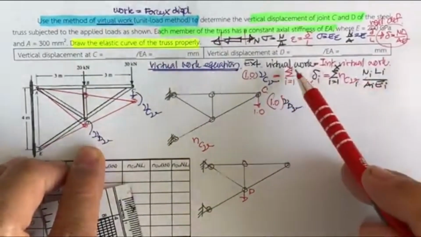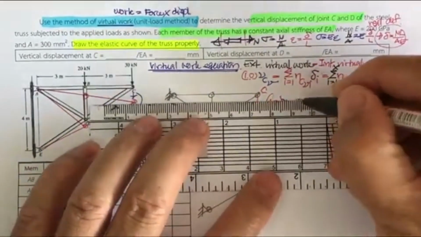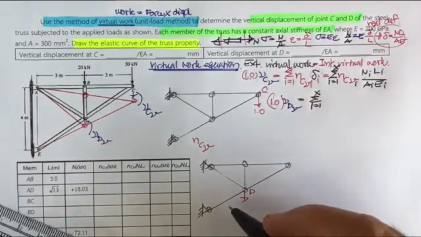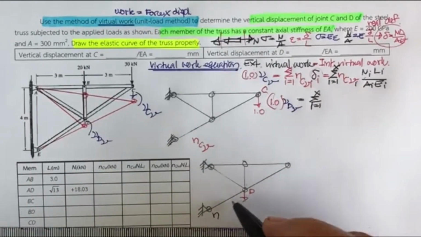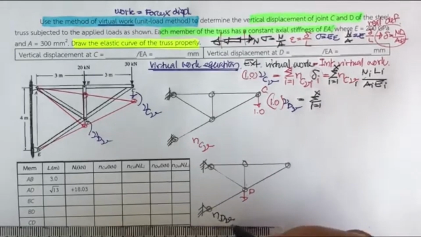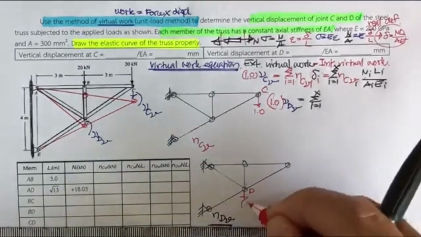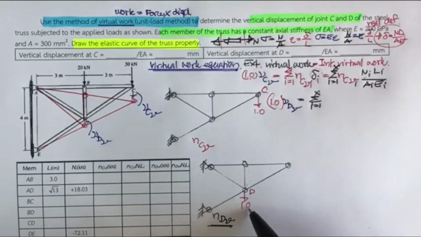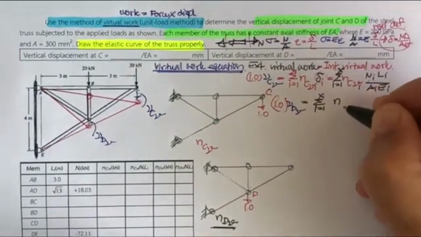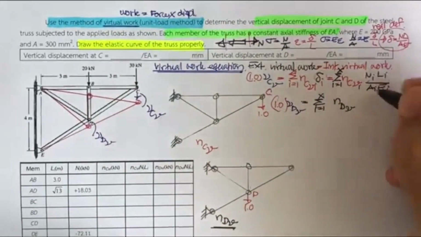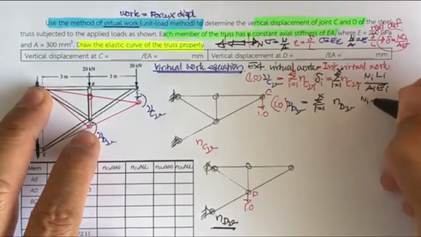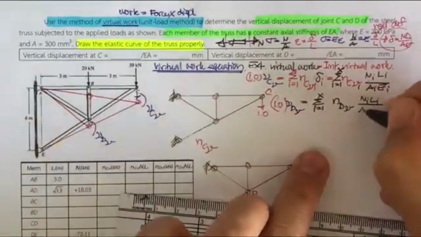Again, this produces the external virtual work, which equals the summation from i to x of the member force at D in the vertical direction, the force in the truss members due to the assumed 1.0 unit force, this time N sub D, times N sub i, L sub i divided by A sub i and E sub i.